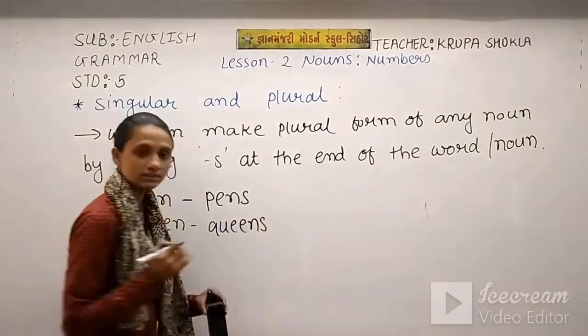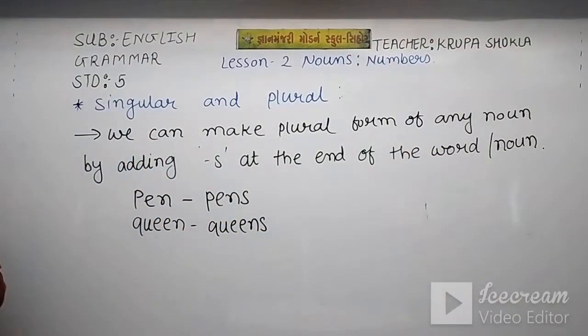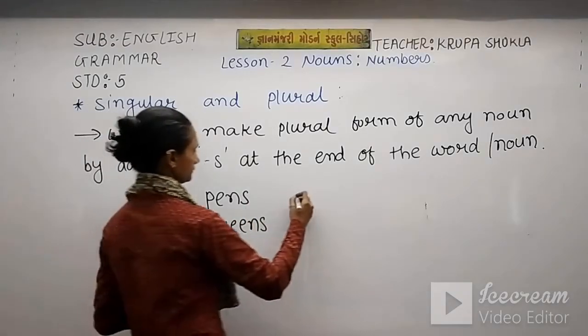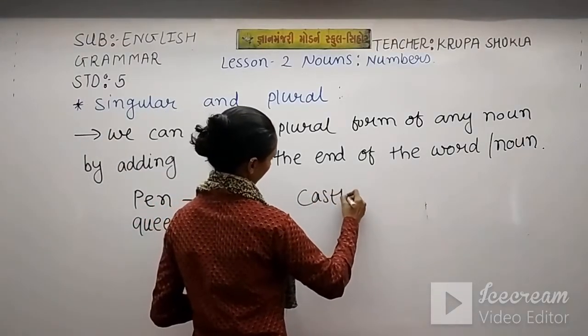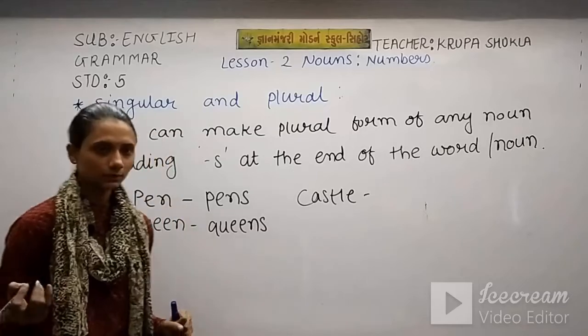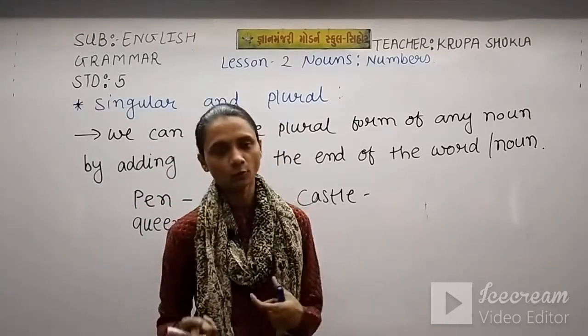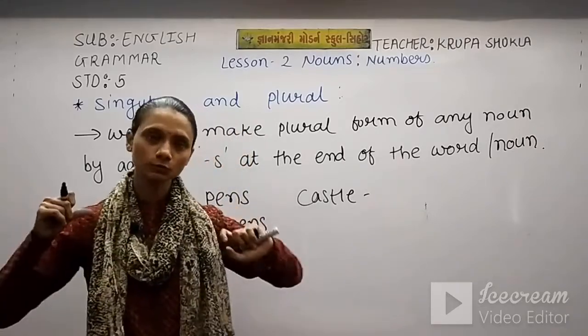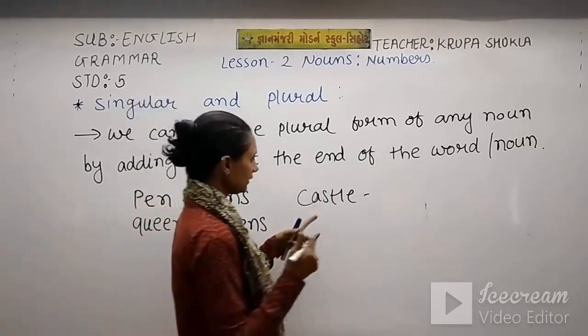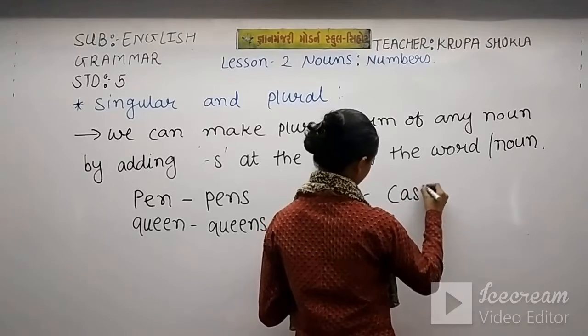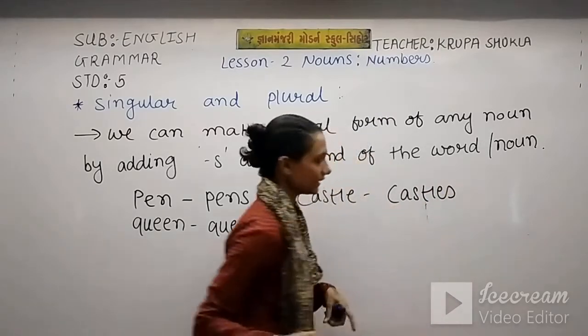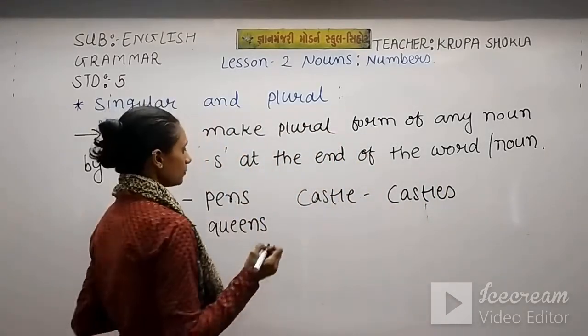So it becomes queens by adding s. We have castle. It means a place. It is a name of a place where a king used to stay. So to castle we add s to make it plural.